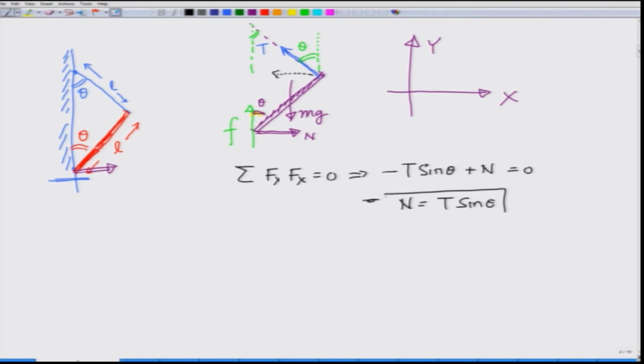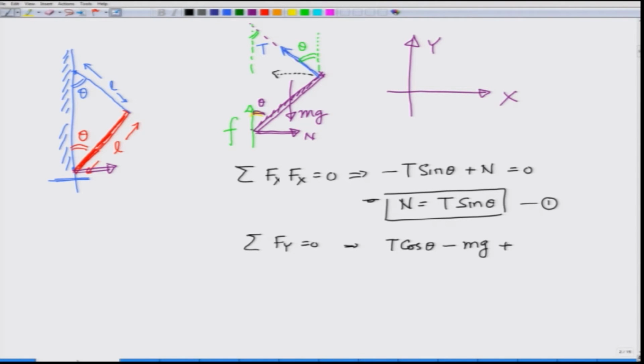That is equation 1. Summation Fy equal to 0 implies the vertical component of T is T cosine theta in the positive y direction, minus mg, and since the lower end has a tendency to slip down, I have already made the frictional force taking it up.